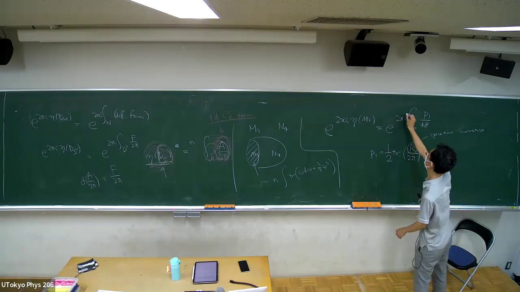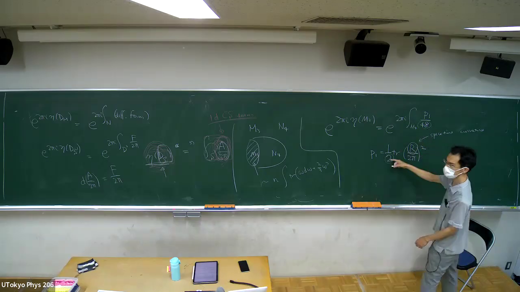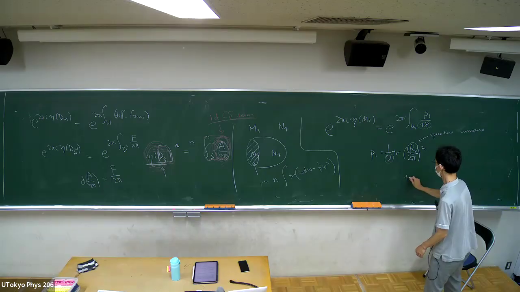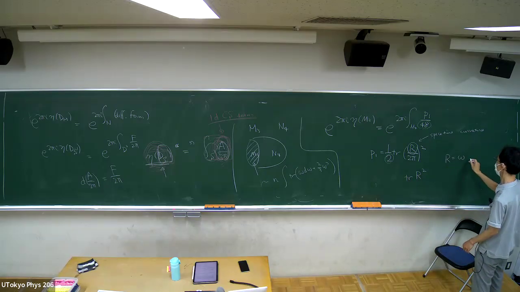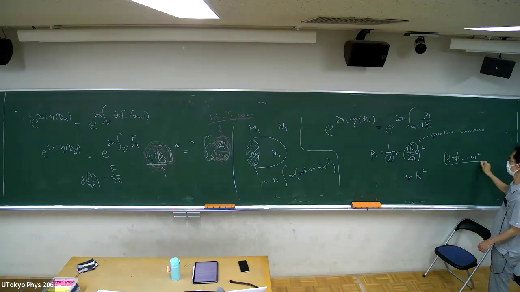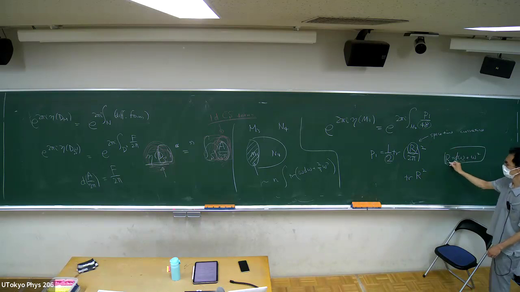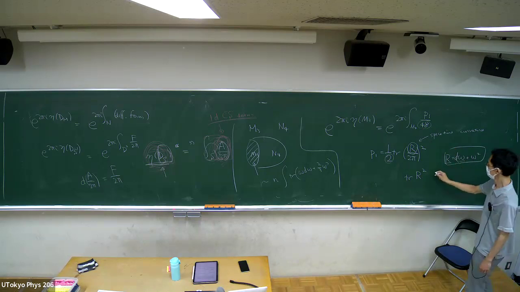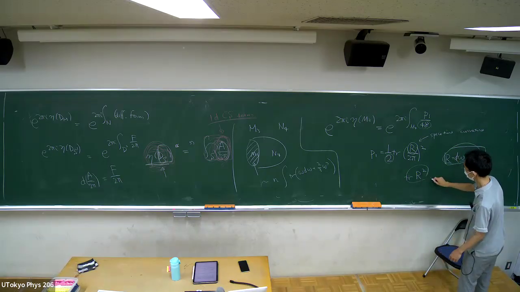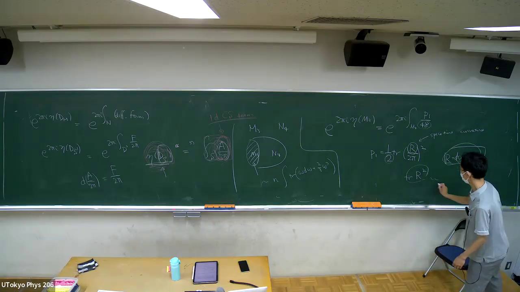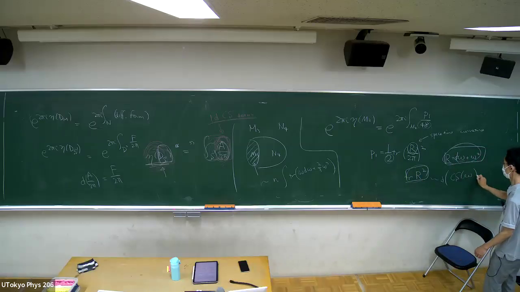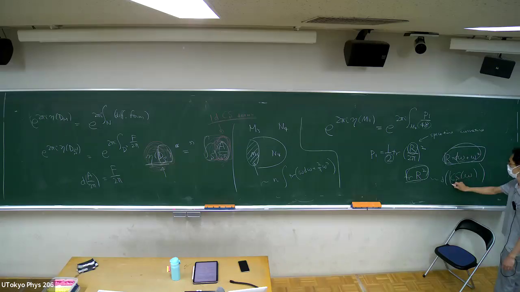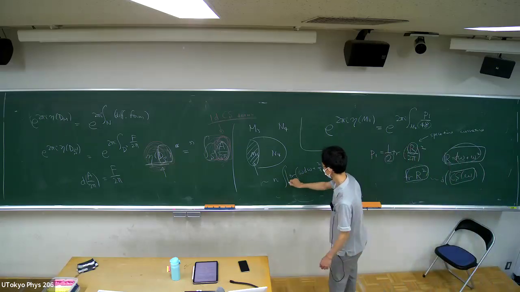So up to this coefficient, you just have trace R squared, and R as a differential form is just d omega plus omega squared. So this is the standard relation between spin connection and the space-time curvature. So from this, very roughly, trace of R squared is d of Chern-Simons of omega, and the Chern-Simons form of omega is this.